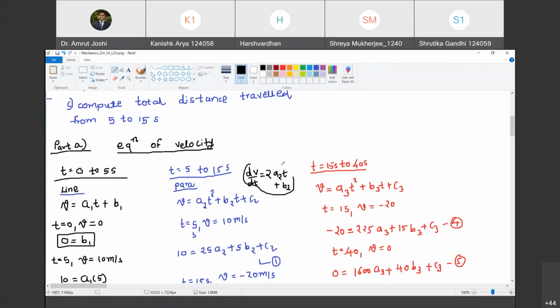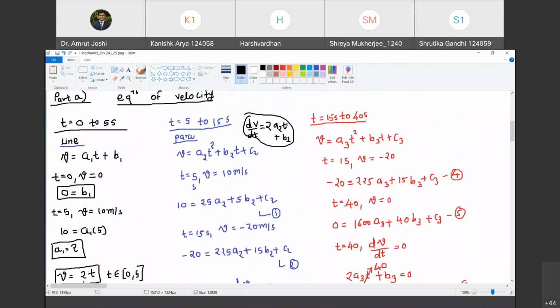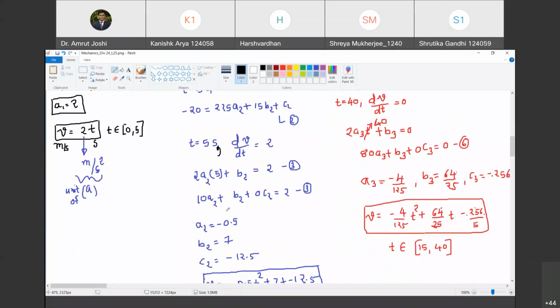Yes, sir. Now, I have to evaluate dv by dt at time t equal to 5 seconds. So what do I have to do? I will have to substitute t equal to 5 seconds here. So it becomes 10 times a2 plus b2. Do you agree with me? Yes, sir. So 10 times a2 plus b2 plus 0 times c2 must be equal to 2 is the third equation. Are you with me?